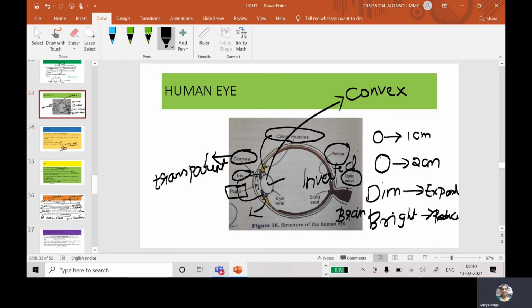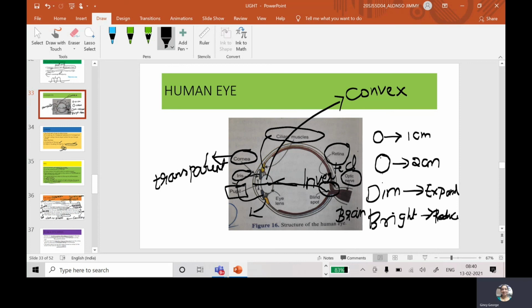As light sensitive cells are not present, there is no image formation, and you cannot see anything if the light is falling on the blind spot.